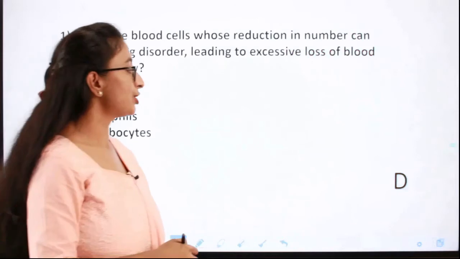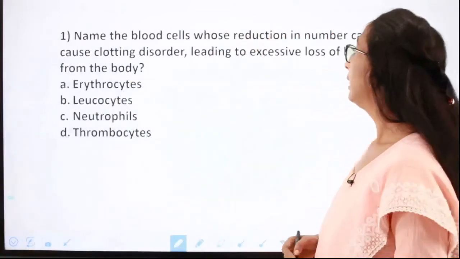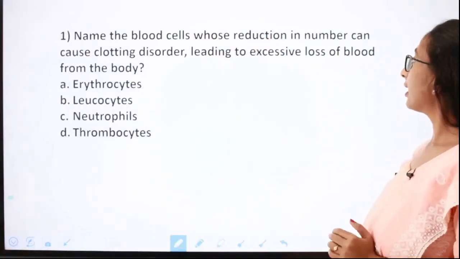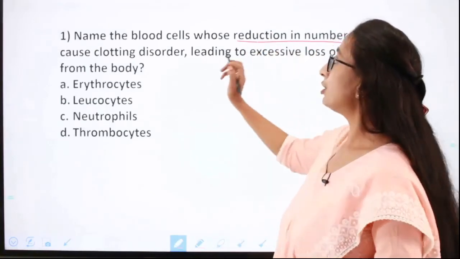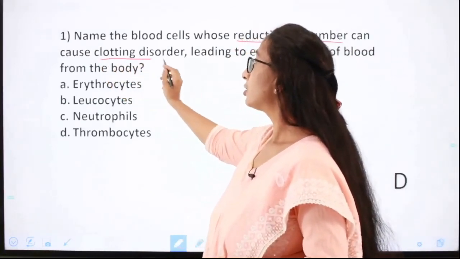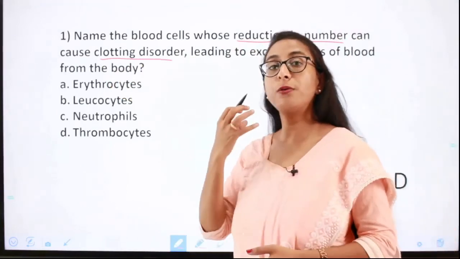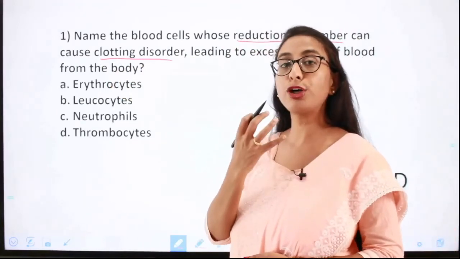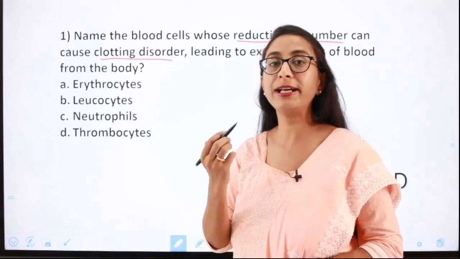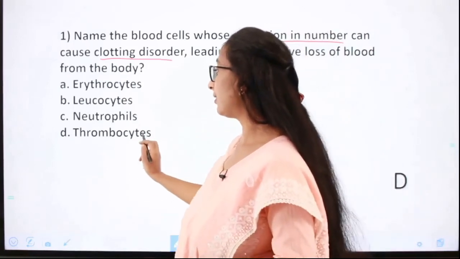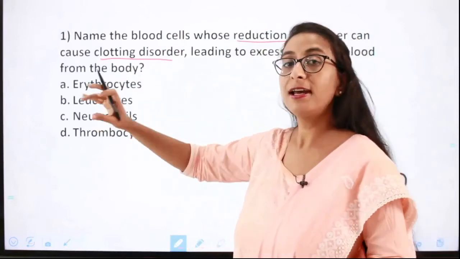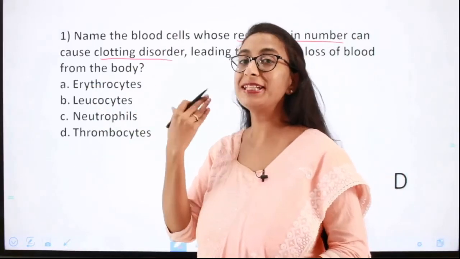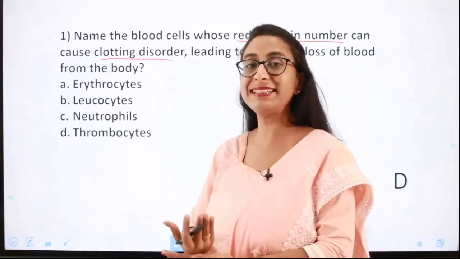So first question, name the blood cells whose reduction in number can cause clotting disorders. Which are the cells which have the factors necessary for clotting of blood? That is the thrombocyte or the platelets. See here again, I told you earlier, in the question or in the options, nowhere will you find them mentioning RBC, WBC and platelets, because that's very easy to remember.